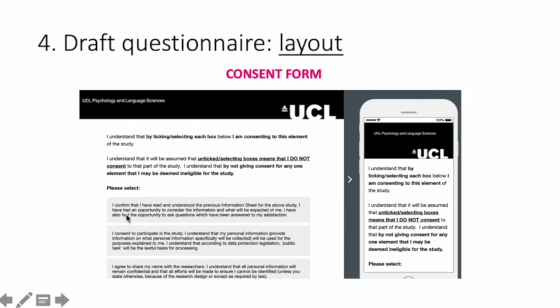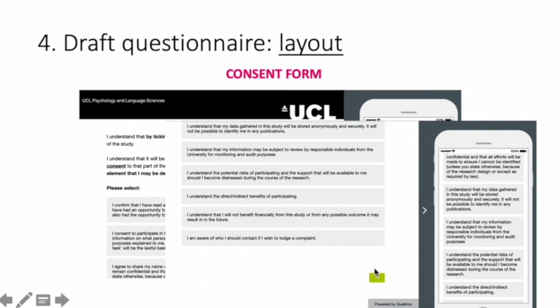So for example, I confirm that I have read and understood the previous information sheet. I consent to participate in the study. I agree to share my name with the researchers, etc. And it goes on until they select each one and then press the next button, and that is the equivalent of receiving consent in a digital format.